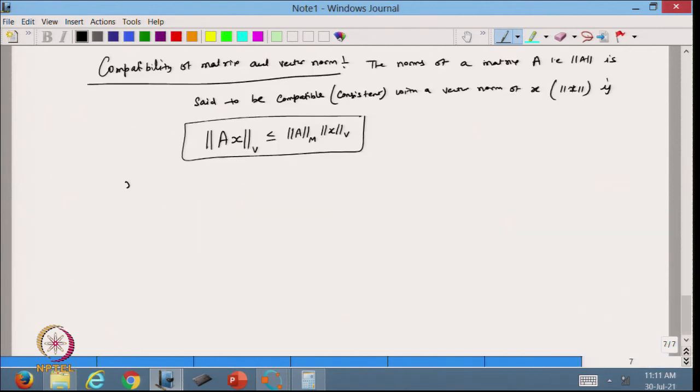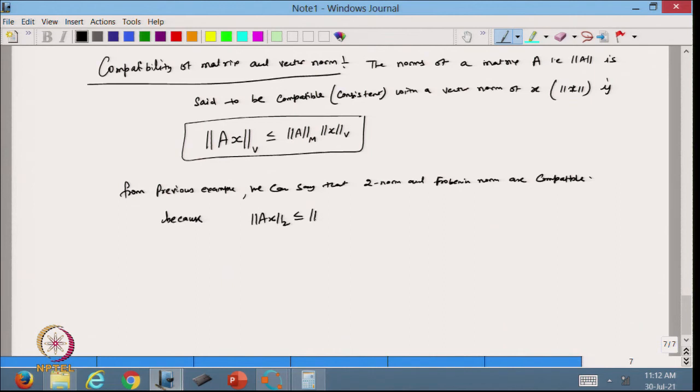So we can say that the 2 norm and the Frobenius norm are compatible, because I can write the 2 norm of Ax is less than or equal to the Frobenius norm times the 2 norm. So this is the way we can define it.